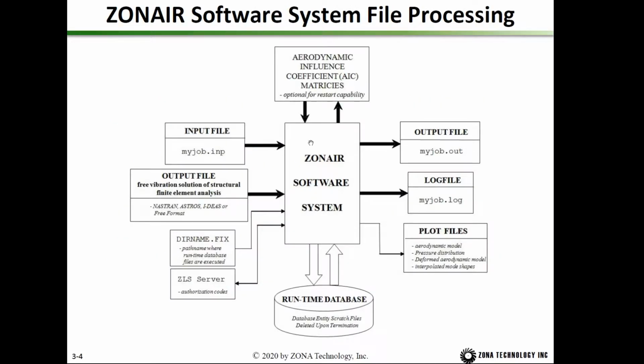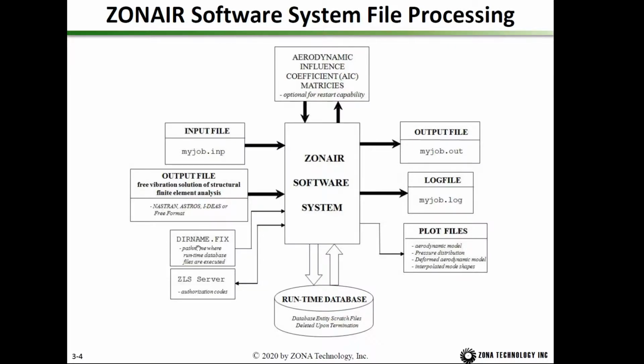To run ZONAIR, of course, you need an input file. In case you want to perform flexible aeroelastic analysis, you have to import the structural finite element solution, and in this case, you have to use the ASSIGN FEM equals executive control command to import the structural finite element solutions into ZONAIR.